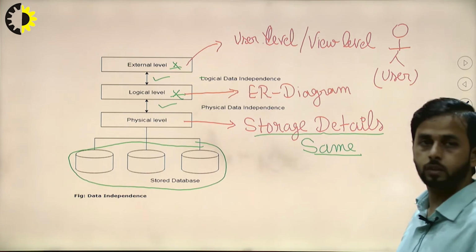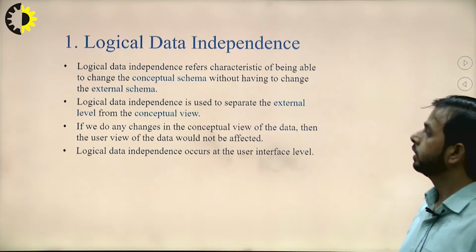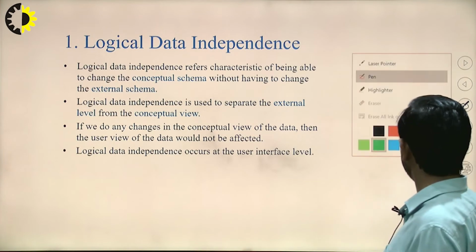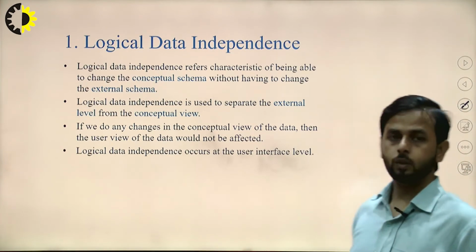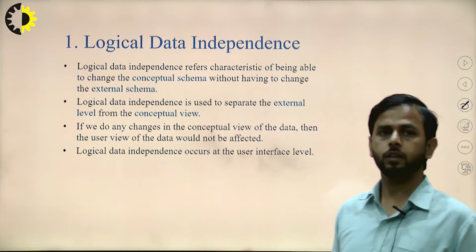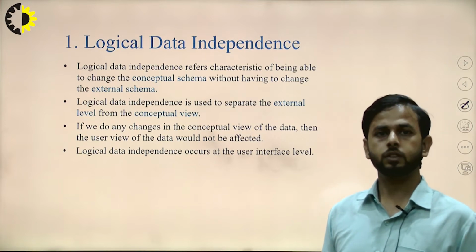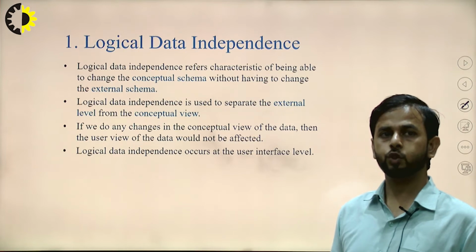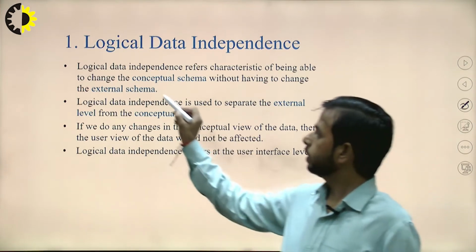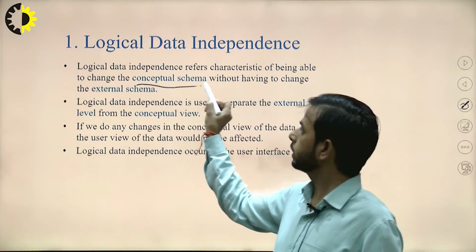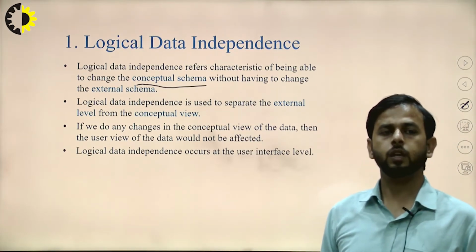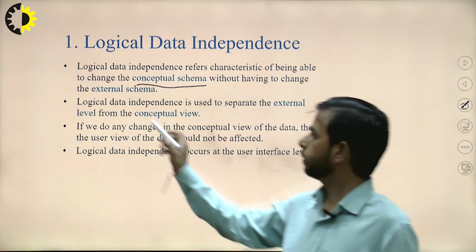Let's see the details one by one. First is logical data independence. Logical data independence refers to the characteristic of being able to change the conceptual schema without having to change the external schema.